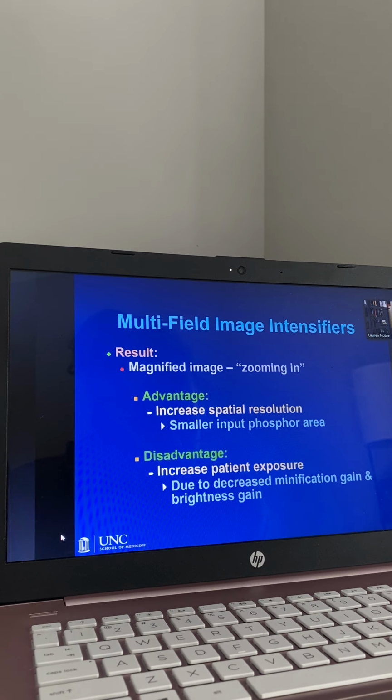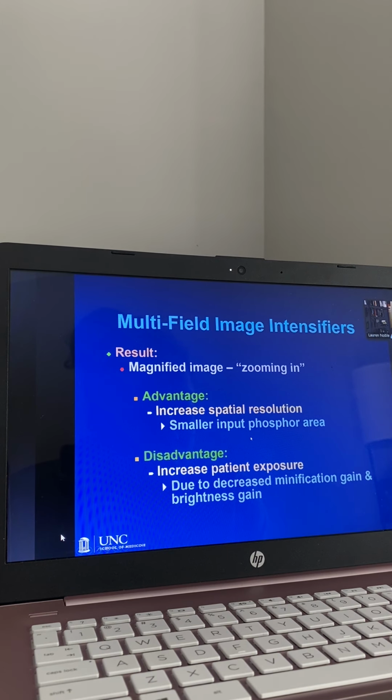The more a beam diverges, the less spatial resolution you have. So we have better spatial resolution because the beam didn't spread out. We have better spatial resolution for that area that we're looking at.